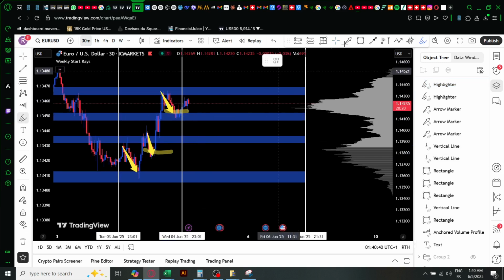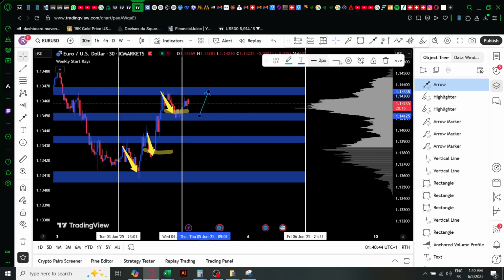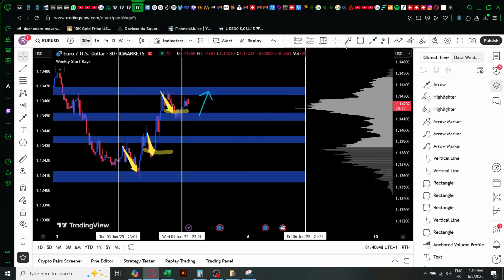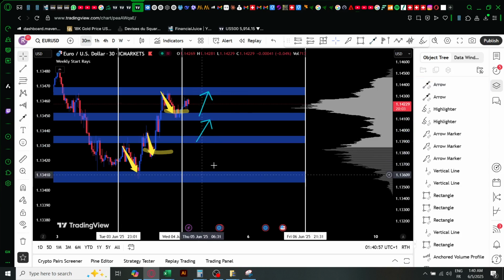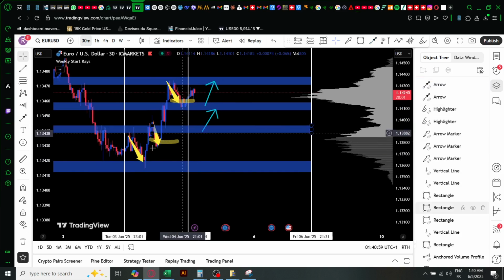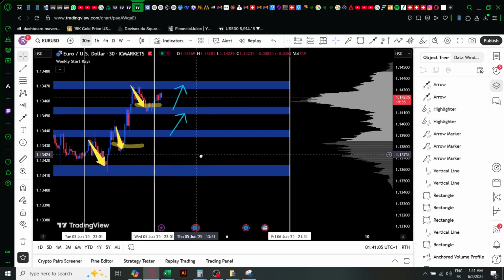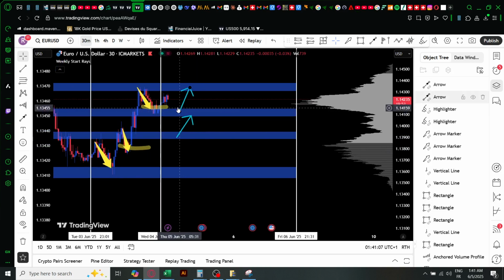I can go long from here, or I can wait for price to pull back and try to go long from here, or this, because this is the closest level to where the rejection happened. And now, what would I choose? This one or this one?